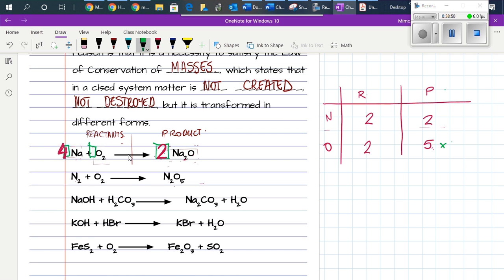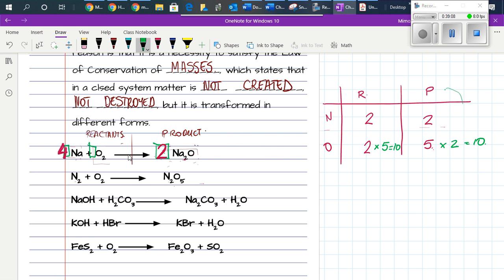However, if you multiply the product side by 2 and the reactant side by 5, then you will have 10 on each side.